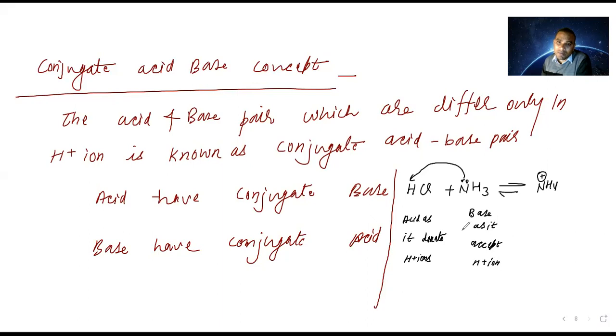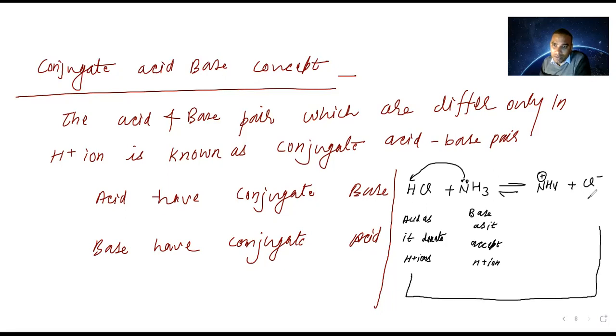Now when HCl donates H plus ion, what is it going to form? Cl minus. Acid has a conjugate base, so HCl is converting into Cl minus.